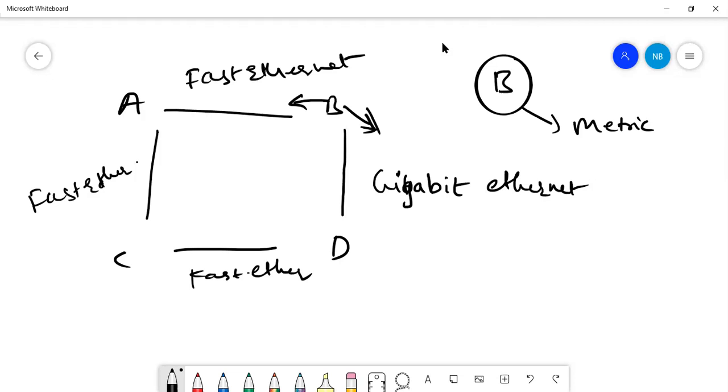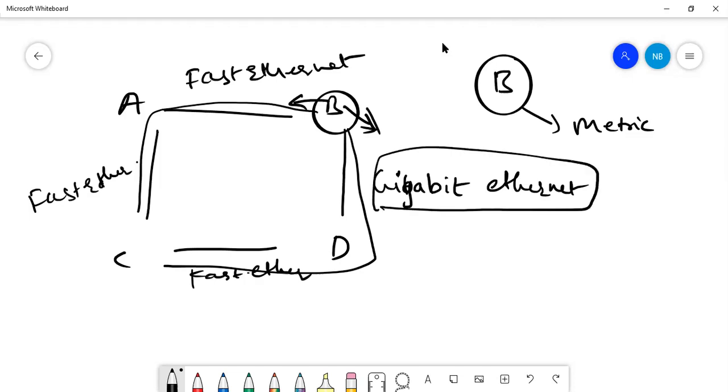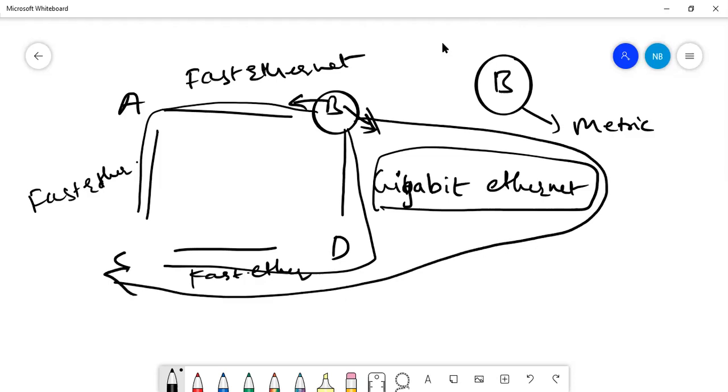So whenever B is sending a packet, it can go through BAC or BDC. But just now we told you that the higher the bandwidth, the cost of traveling will be less. Gigabit has more bandwidth when compared to the fast Ethernet. So obviously B will take this approach to travel to C if it wants to send a message to C.